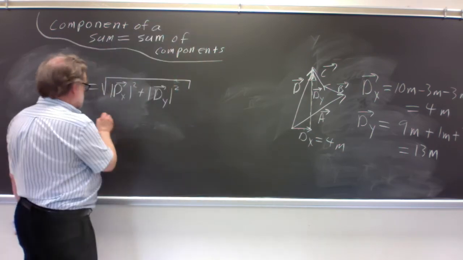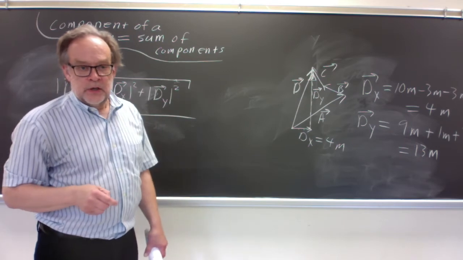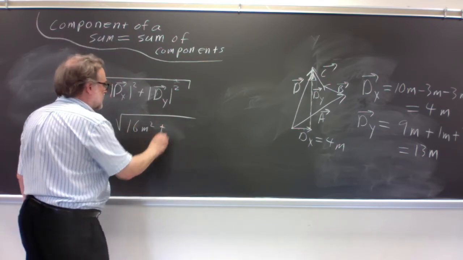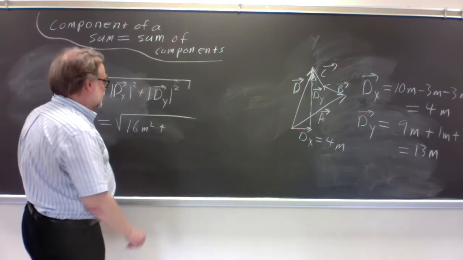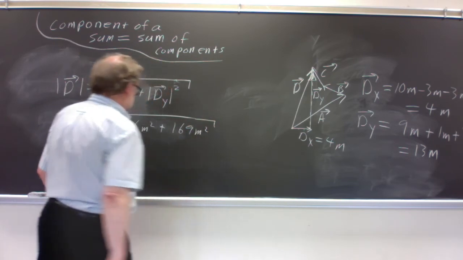And in this case, that's what? Dx was 4, so Dx squared is 16 square meters, and then Dy is 13, so 13 squared is 169 square meters.